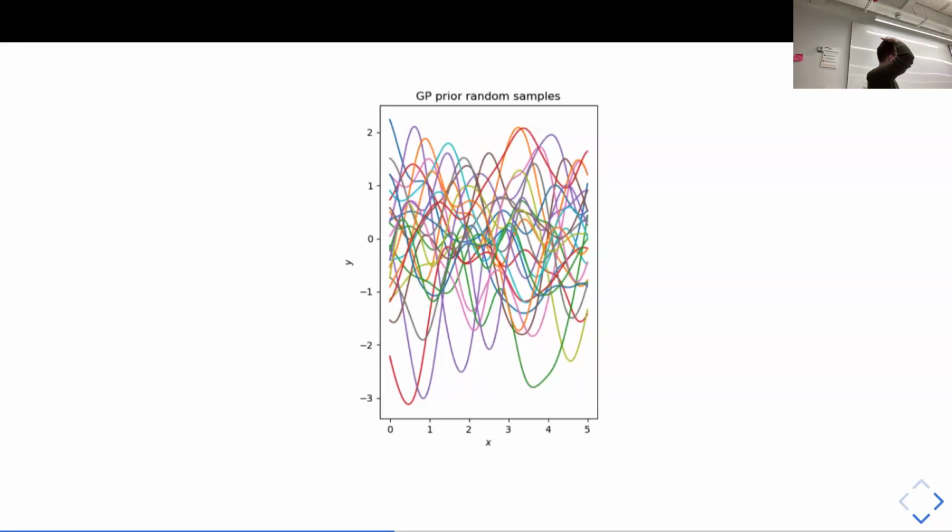So if you squint a bit, all of these lines are samples from a Gaussian process, specifically the one we've just seen. It has a 0 mean. And if you squint, you can kind of average them all vertically, and the average sort of passes through 0. The amount of wiggle is defined by our covariance kernel. And these are all different samples from that distribution.